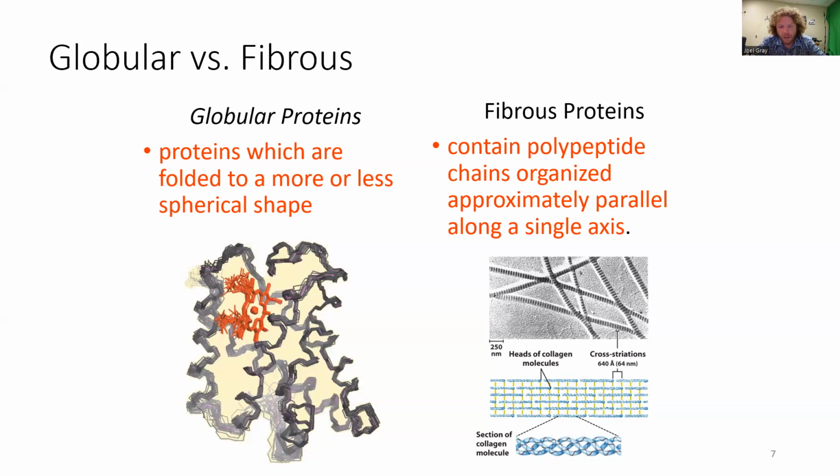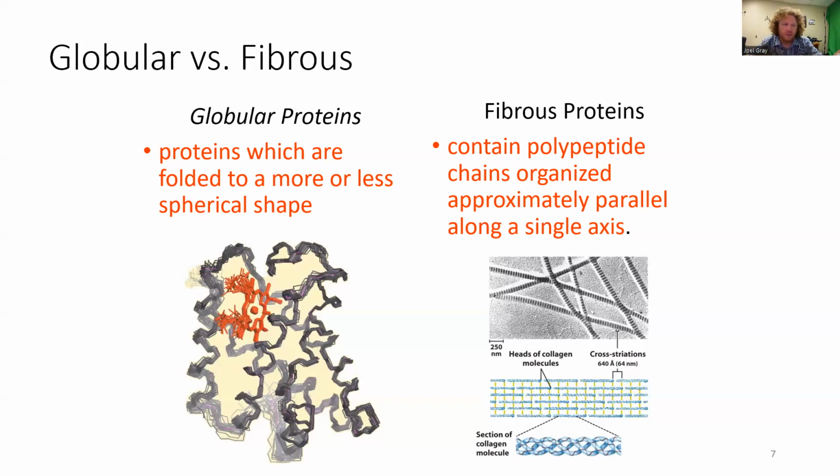Now, if you compare that to unfolding this fibrous protein, something like this. Well, what's the shape of this? I don't know. It's like a sphere that someone flattened and then stretched a part of it out.